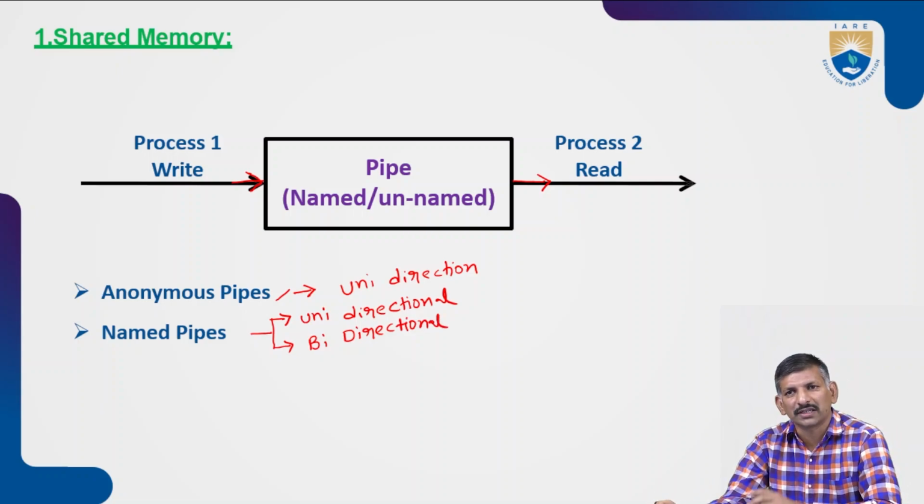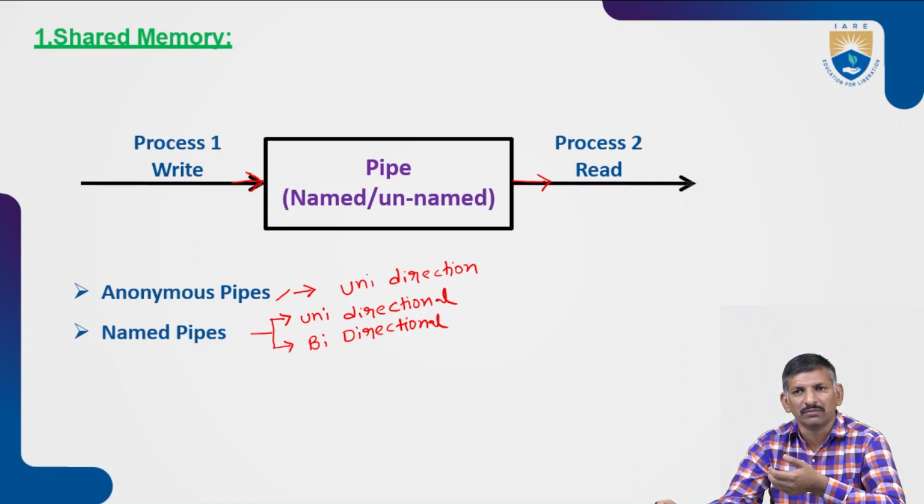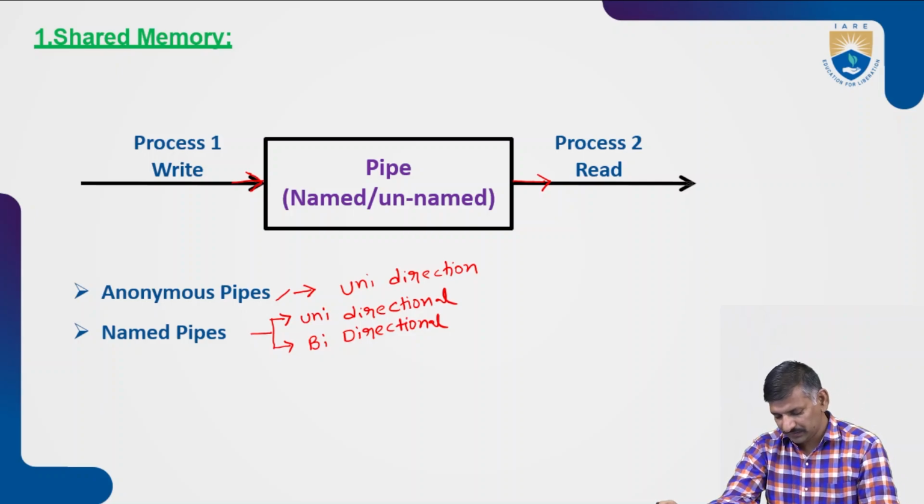The named pipes means that they contain some name. Those pipes may transfer the data in one direction only or in both directions. Okay, like this.